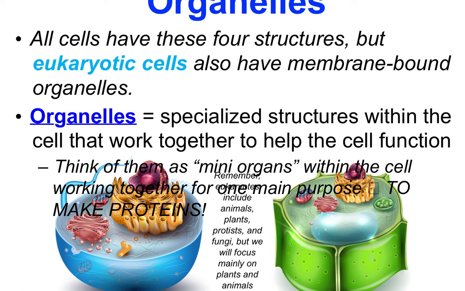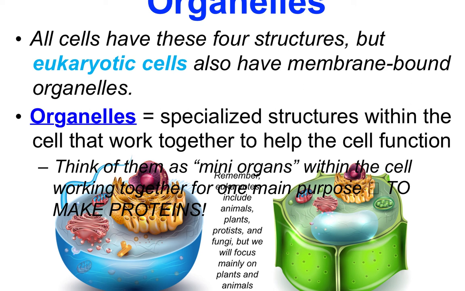Organelles are specialized structures within the cell that work together to help the cell function and do all of its amazing things. Think about it like a little mini organ within the cell, working together with some main purpose, almost usually to make proteins. Remember, eukaryotes include complex things like animals, plants, protists, and even fungus.